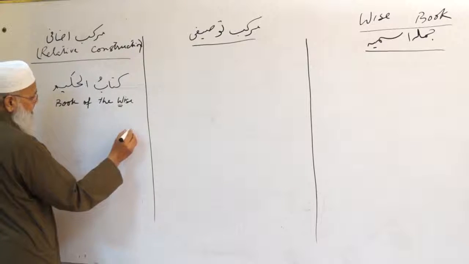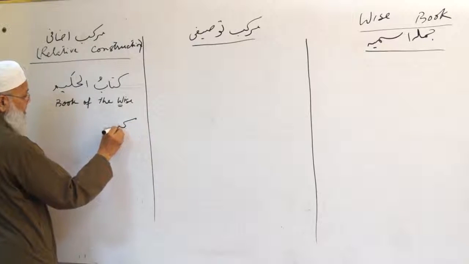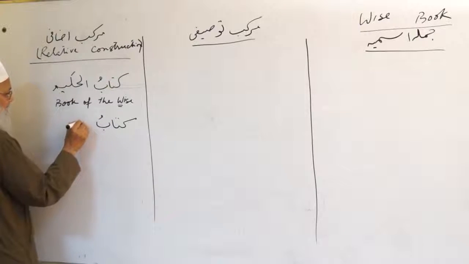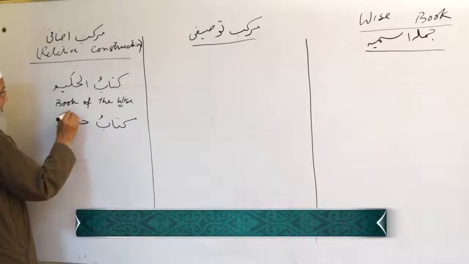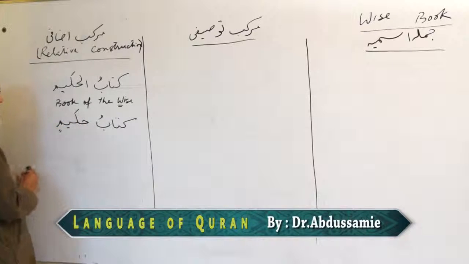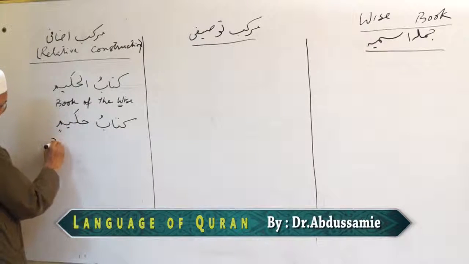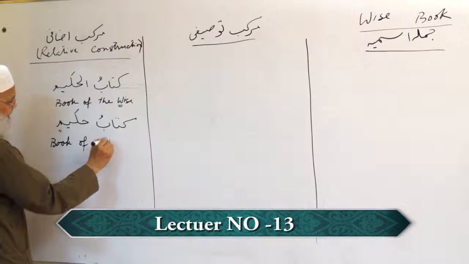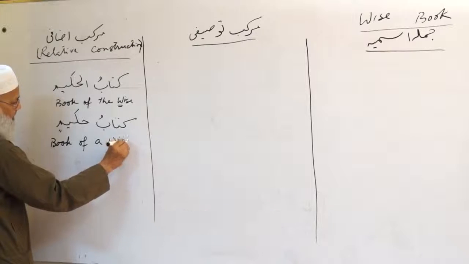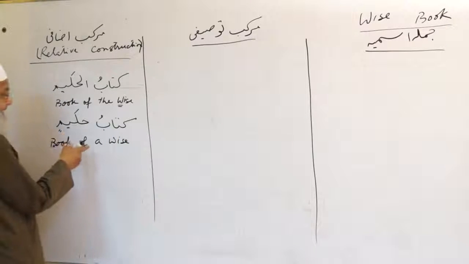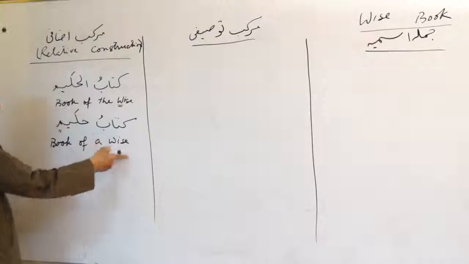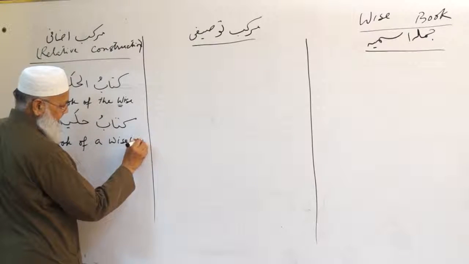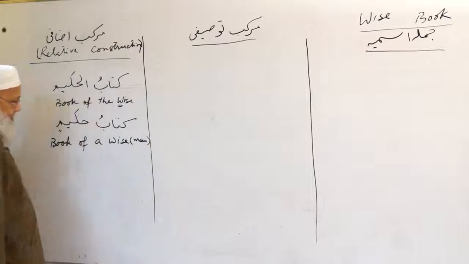Then we take Kitabu Hakimin, book of a wise. When you say a wise, it becomes indefinite and it means man, a wise man.